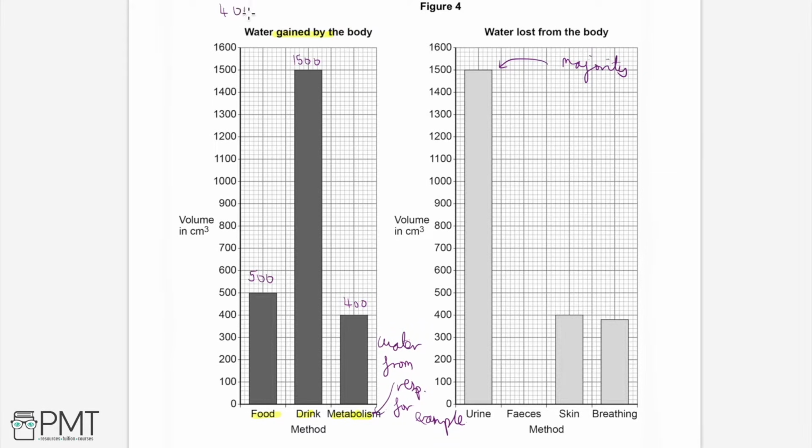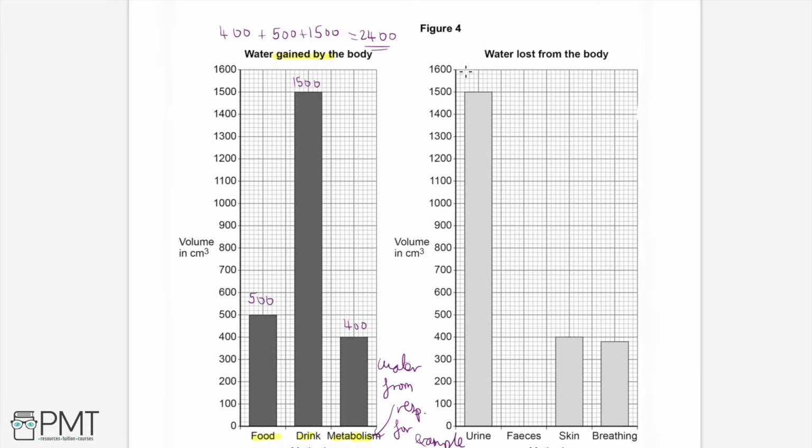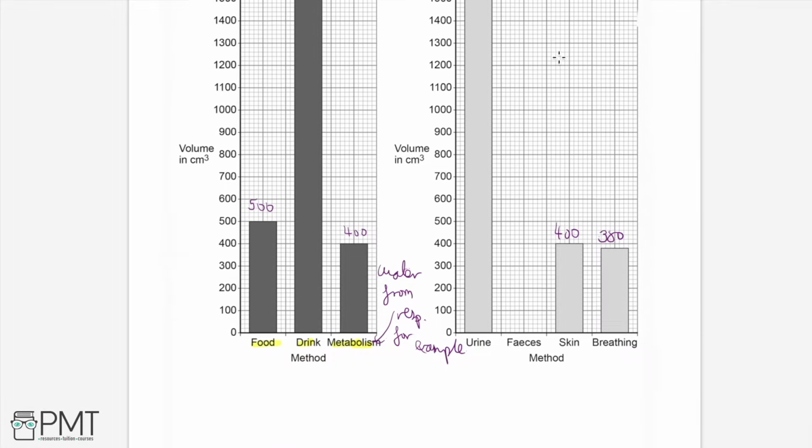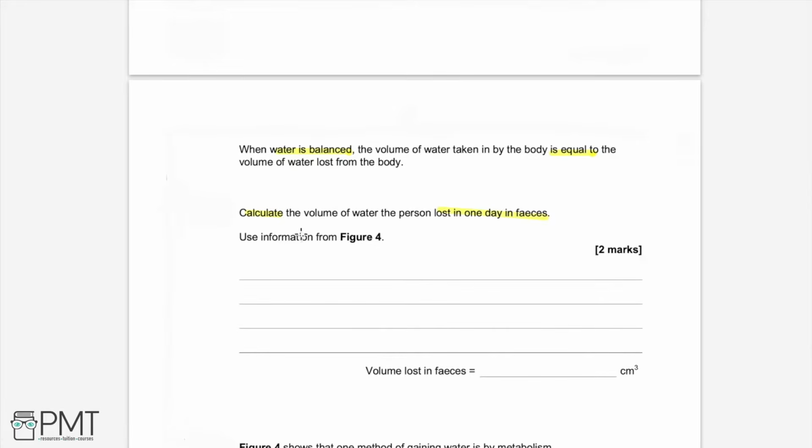The amount of water gained in the three different categories are 500, 1,500 and 400 respectively. Therefore, in total, the water gained is 2,400 centimeters cubed. In Figure 4, we can calculate the total water lost excluding feces. This is the same as 1,500 plus 400 plus 380, which is the same as 2,280.